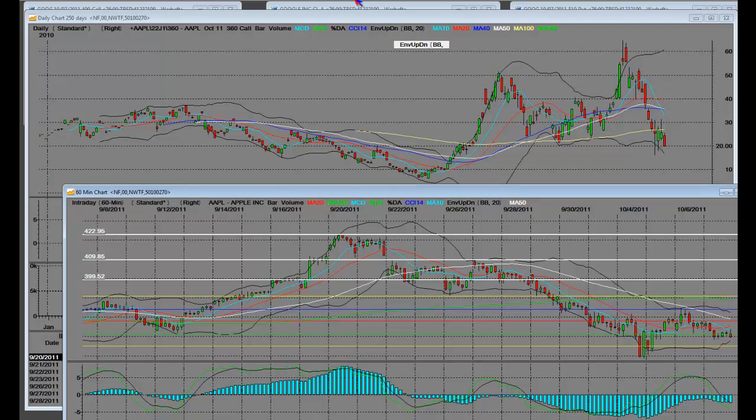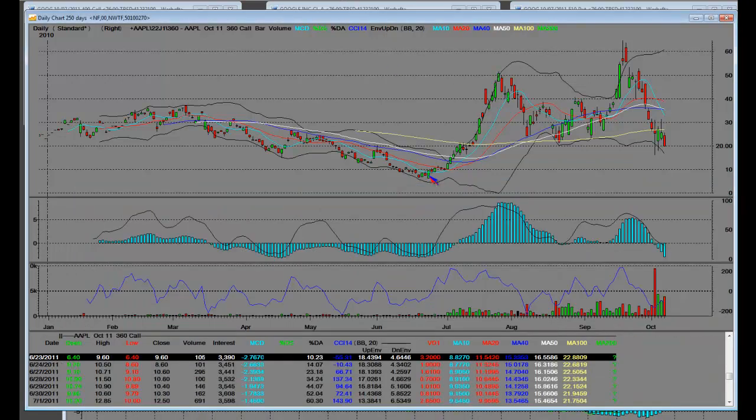So if I go over here, this is where the breakout was. This is on 6/23, back at that time when Apple was shooting higher. The 360 call was trading really good back in that time frame in the summertime. But really over here is where the 360 call had its really good breakouts, on 9/12.